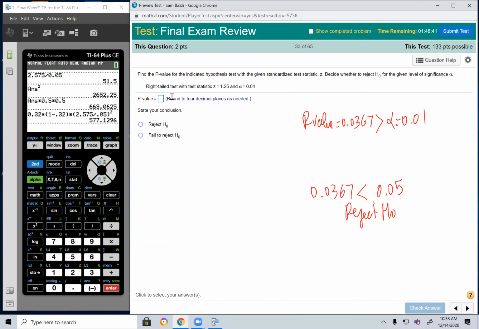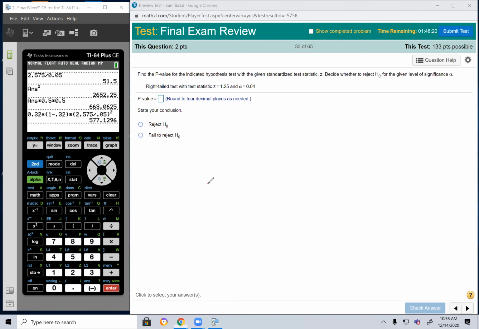All right. Find the p-value for the indicated hypothesis test with the given standardized test statistic. Decide whether to reject HO or not for the given level of significance alpha. Okay, let me clear this. The p-value here, since this is a right tail test, this is not a complete hypothesis testing question, guys.